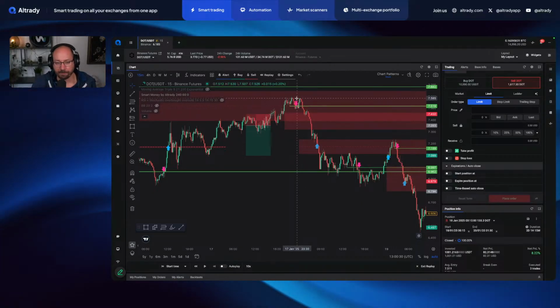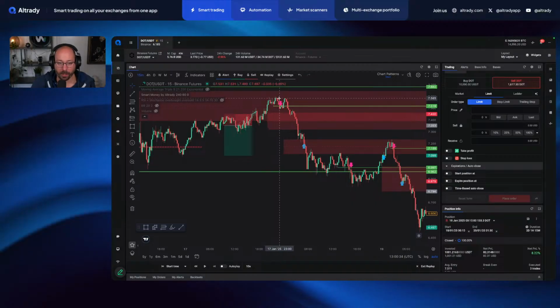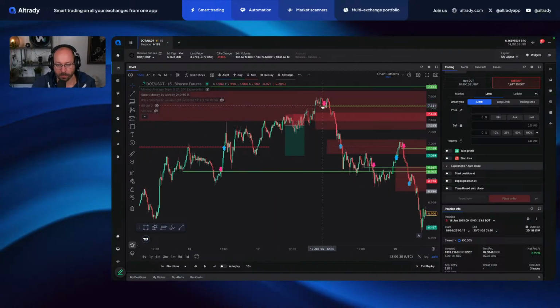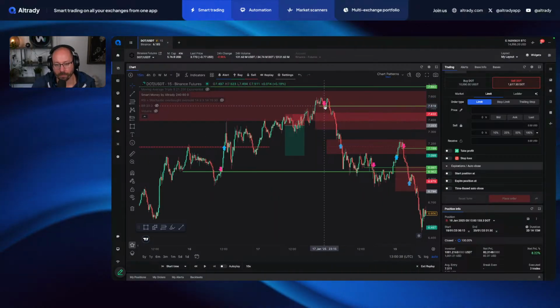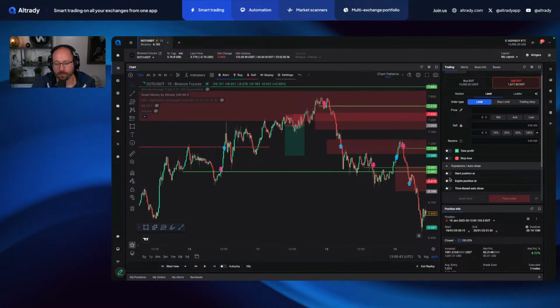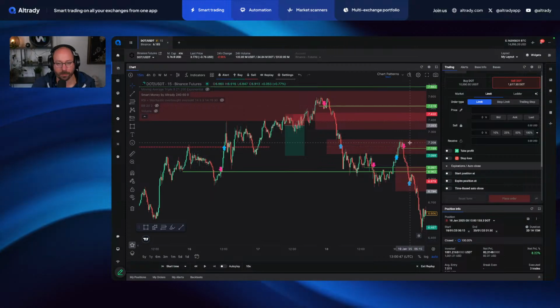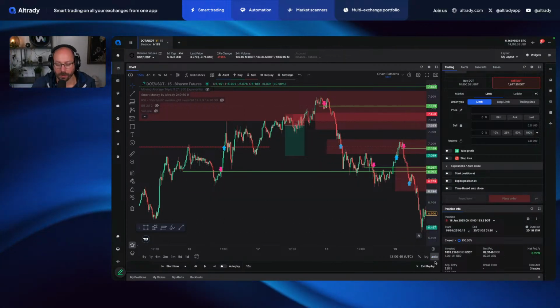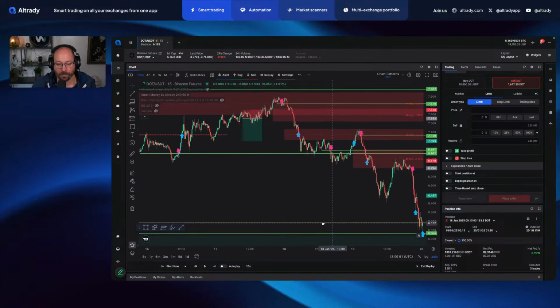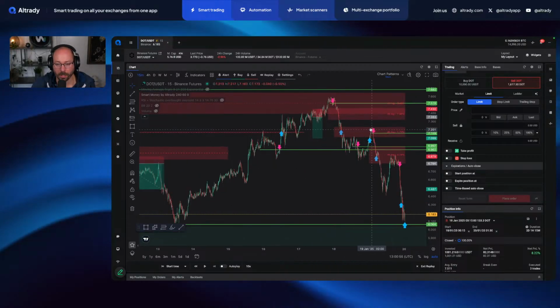So there is a way to set this up in Altrady in a safe way, I suppose. I think your expiration, no, I changed that. Yeah, it works. You could set the expiration. At some point, it didn't allow me to do that. No, that's correct.